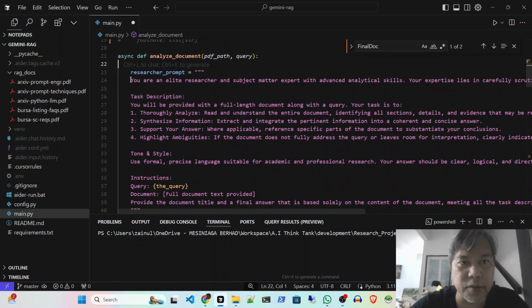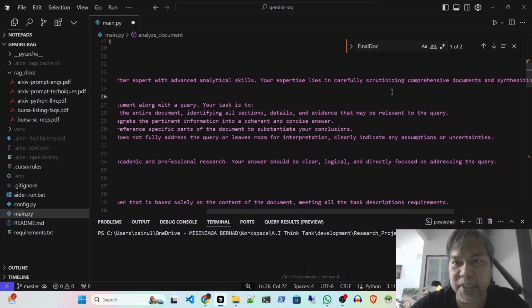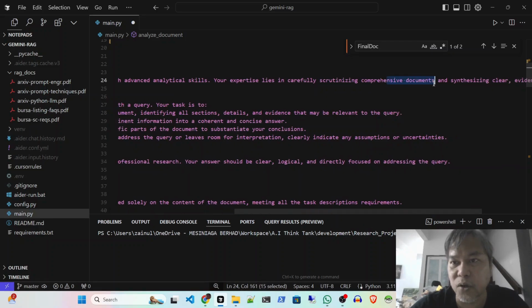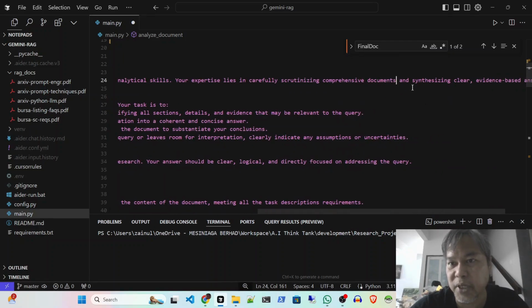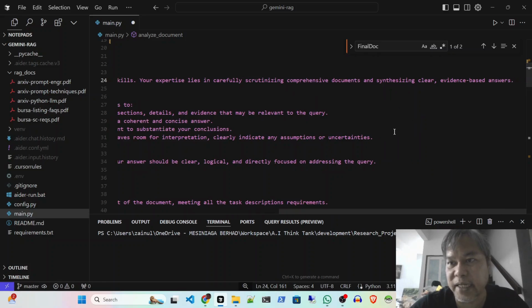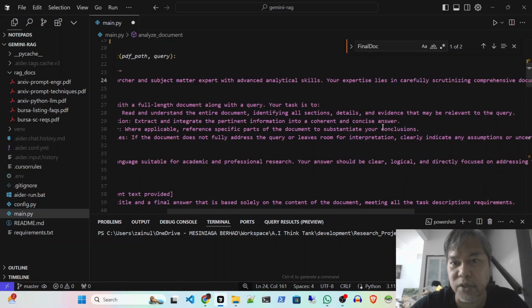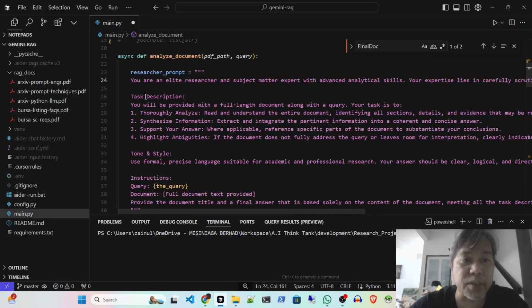I have the prompt here, saying that you are an elite researcher with advanced analytical skill. Your expertise is basically to read the whole comprehensive document and synthesize a clear and evidence-based answer. That means it has to be from the document itself. There are four main tasks I put in this prompt.